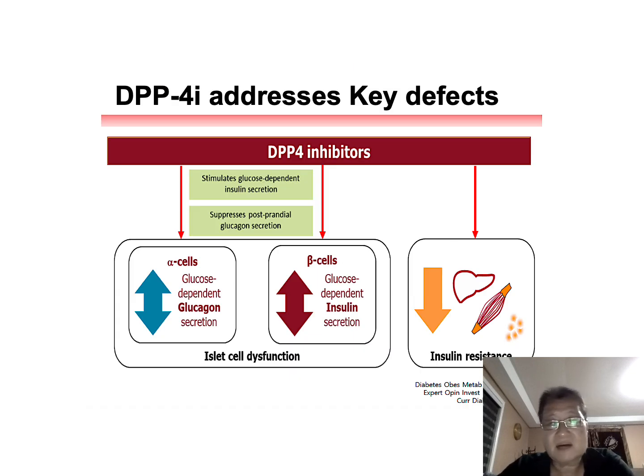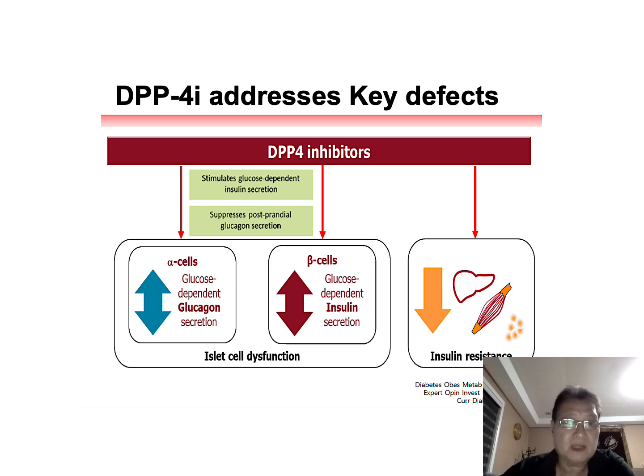Now, let's go to DPP-4 inhibitors, the other incretin-based drug. As you know, it has the same principle involved here. The effect is of the endogenous GLP-1, because the DPP-4 inhibitors inhibit the enzymes that degrade GLP-1. So it preserves the endogenous GLP-1. And this leads to a decrease in glucagon release in a glucose-dependent manner.